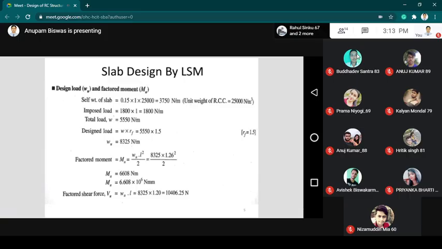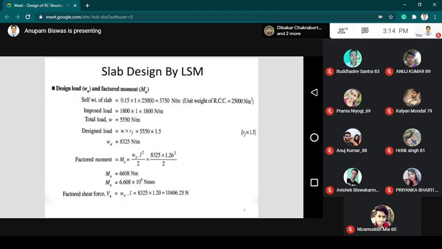Imposed load we are considering for 1 meter strip, so 1800 newton per meter square into 1, so 1800 newton per meter is the imposed load that is required for calculating the factored moment. Next is the design load.